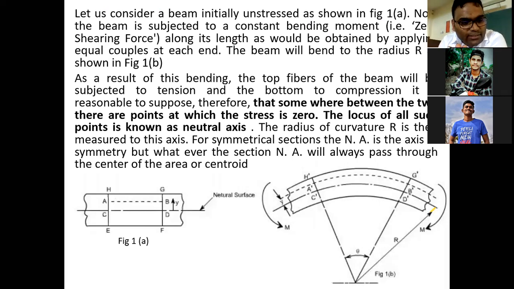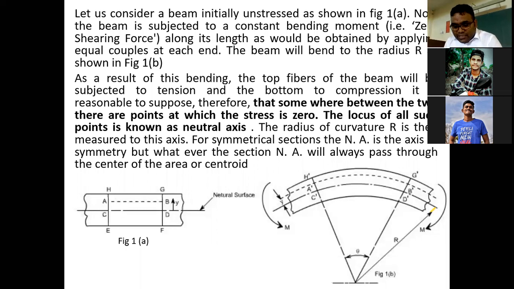If we want to calculate the strain on the AB filament, then how can we calculate it? Change in dimension upon original dimension.